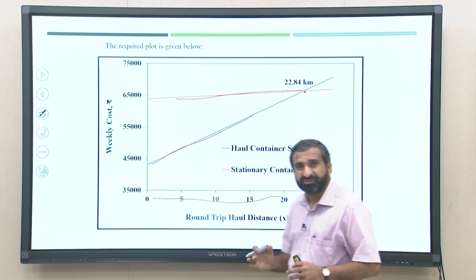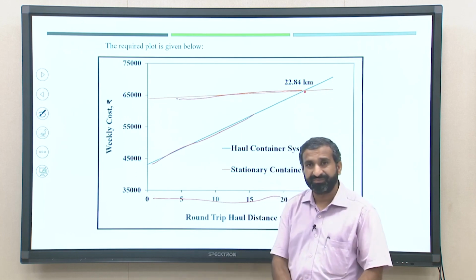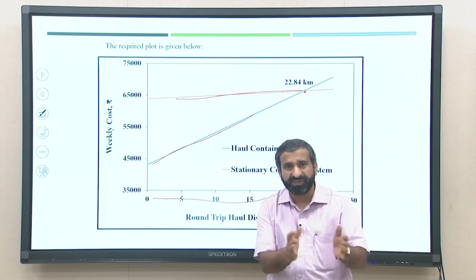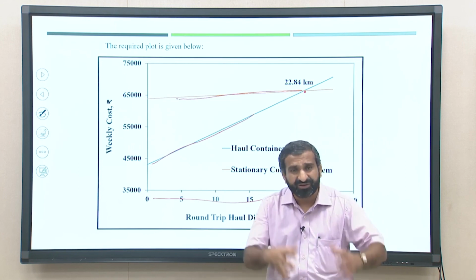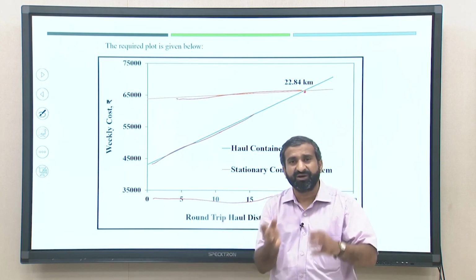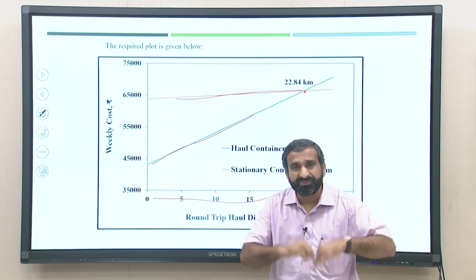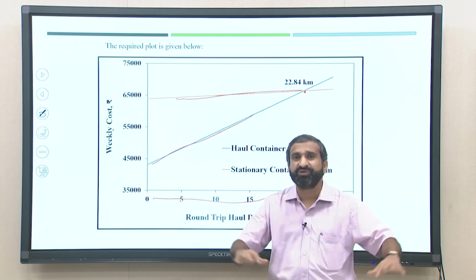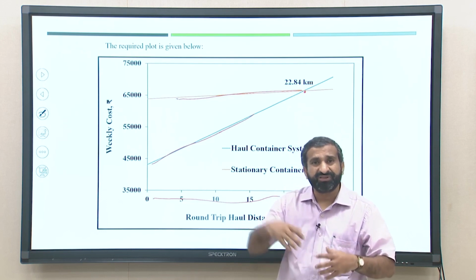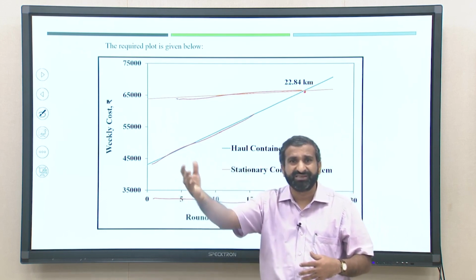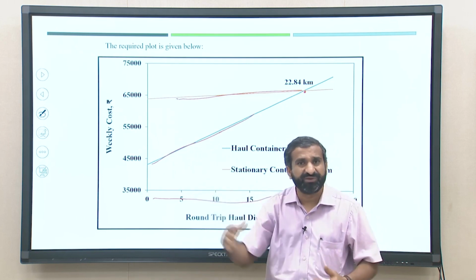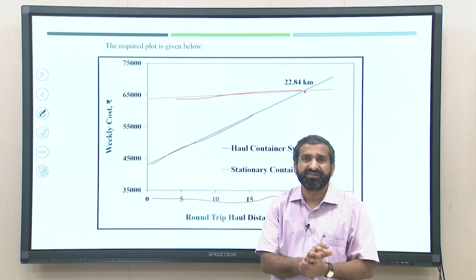That is why I always propose for the Indian cities especially, wherever possible, for the locations near to the recycling facility or near to the disposal facility, try to go for Hall container system. For the far locations, 20, 25, 30, 40 kilometers, do not go for Hall container system.